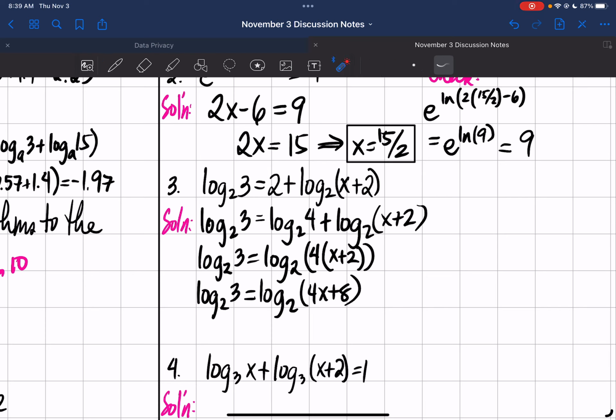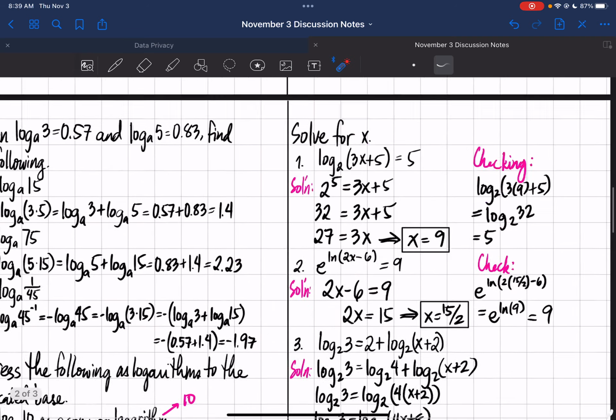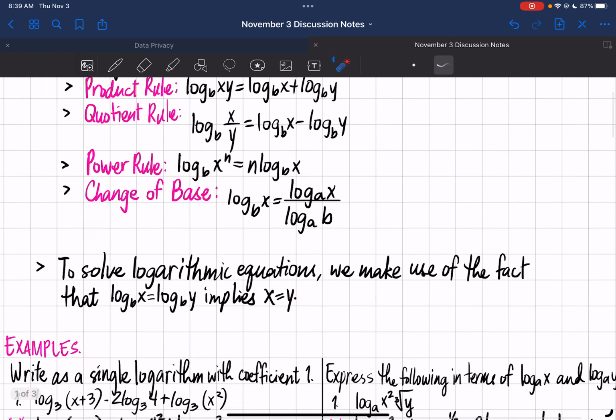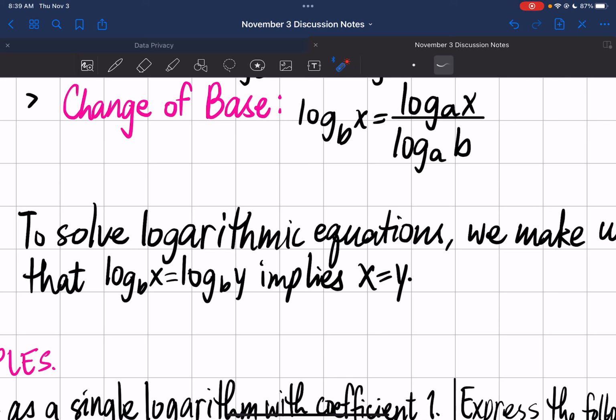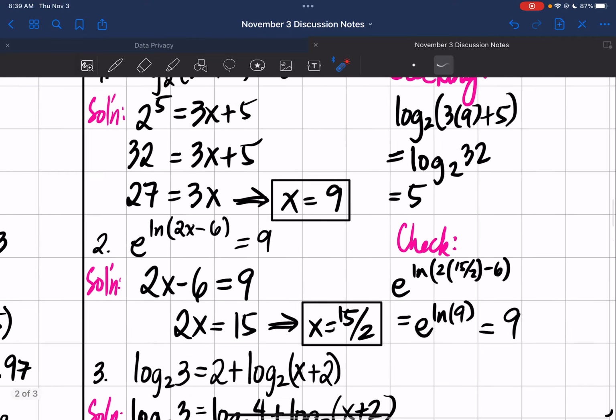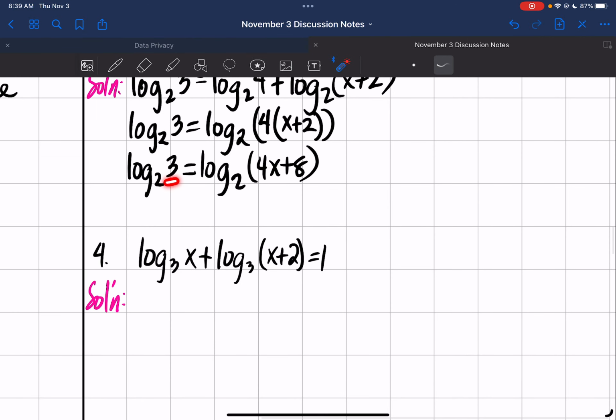Now, if we go back to the remark here, log of x base b equals log of y base b implies x equals y. So, we can now equate these, class. We'll get 3 equals 4x plus 8.